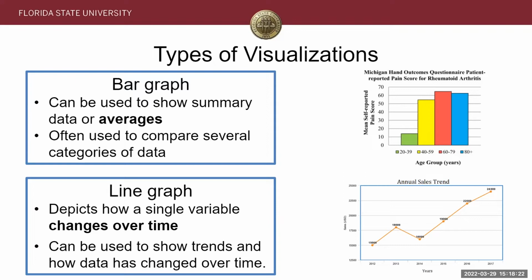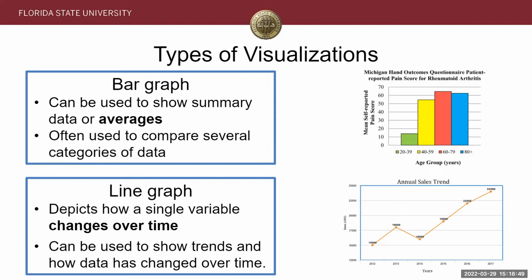All right, so the first one we'll talk about is a bar graph or a bar chart. Bar charts are commonly used to compare several categories of data. If you have many different categories of data and you want to compare those values, a bar chart is a good option.